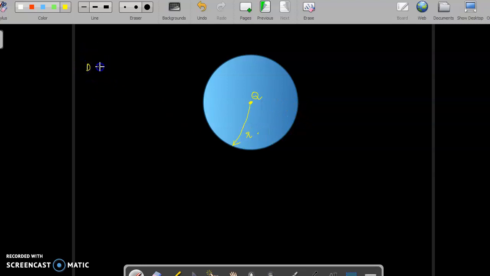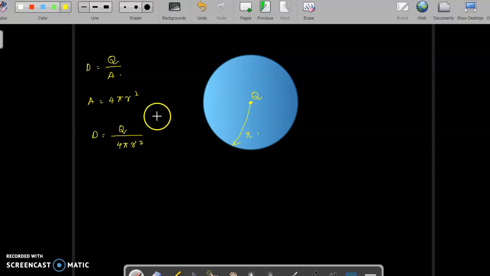So let us rewrite the expression again. D is equal to Q by area. The surface area of the sphere is 4 pi r square. If you substitute it here, D becomes Q by 4 pi r square.